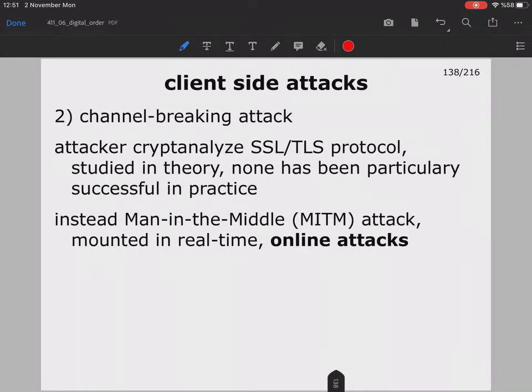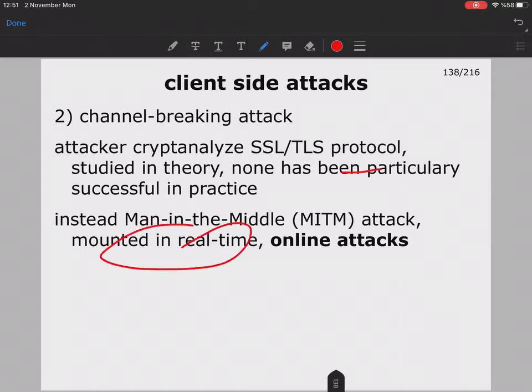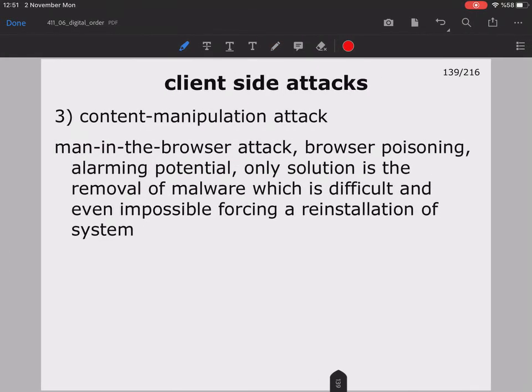The other one is the channel breaking attack, where the attacker cryptanalyzes the transportation protocol, which is studied in theory. None has been particularly successful in practice, but man-in-the-middle attacks are mounted in real time and are yet more efficient. These are called online attacks.